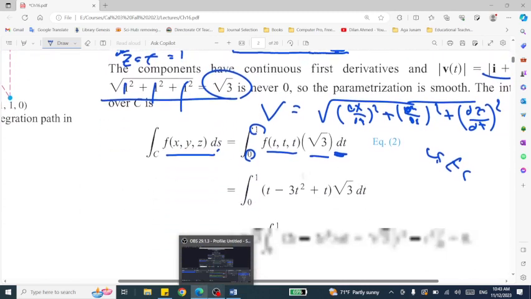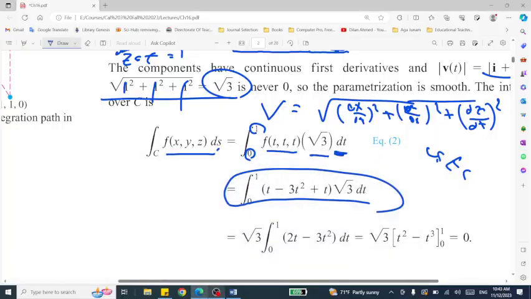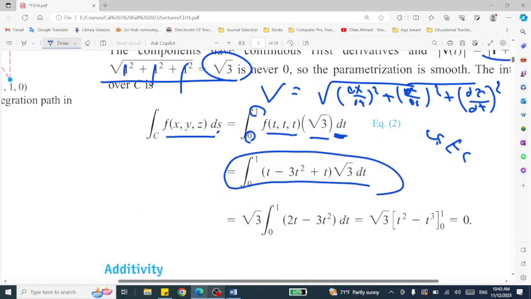Now here we are. And this integral is easy because it depends on t. You'll get the result.